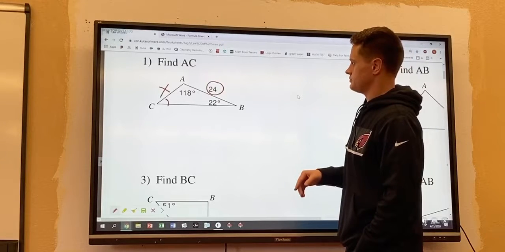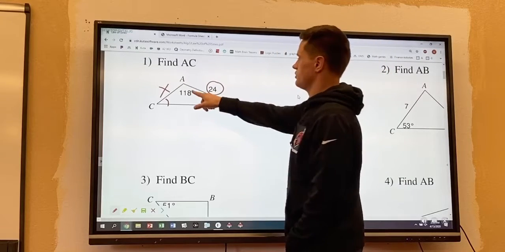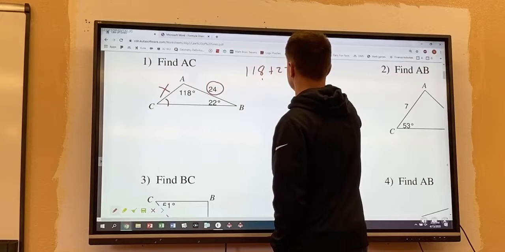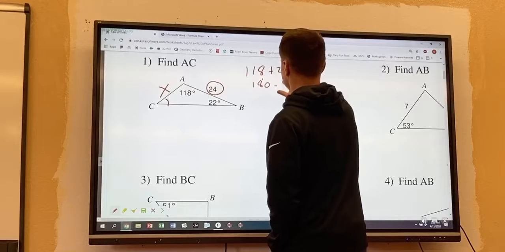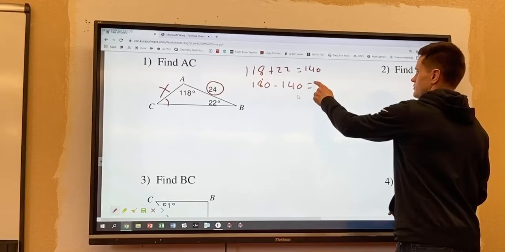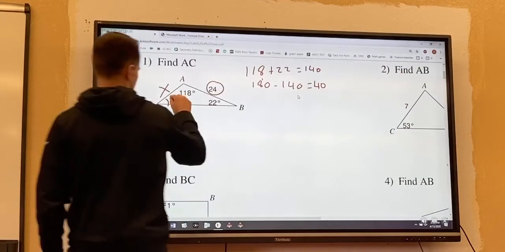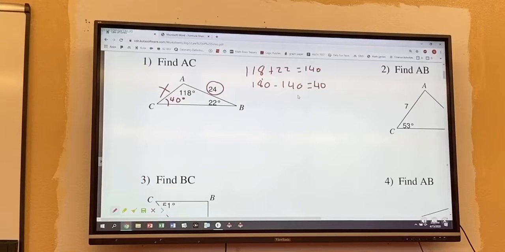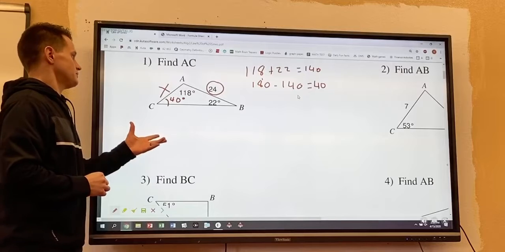So I have to solve for this using my angle sum theorem. In a triangle, I know that I have 180 degrees. 118 and 22 is equal to 140. So 180 minus 140 is going to equal 40. So I know that angle C is going to be 40 degrees. And now we're just going to use law of sines to set up this problem.